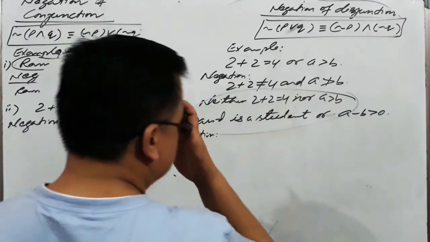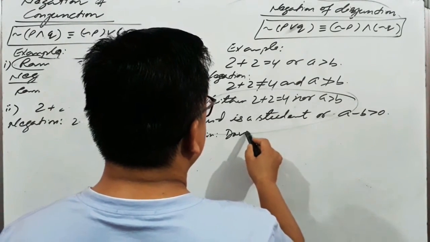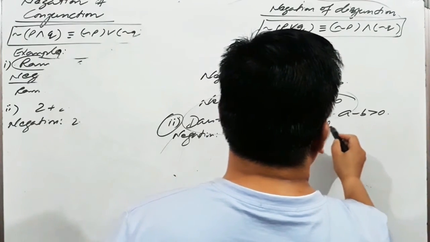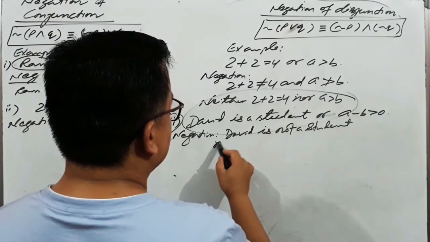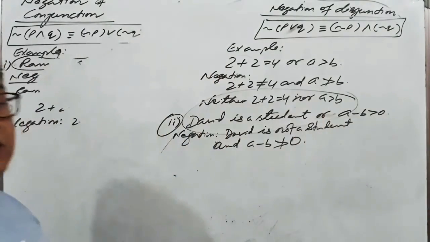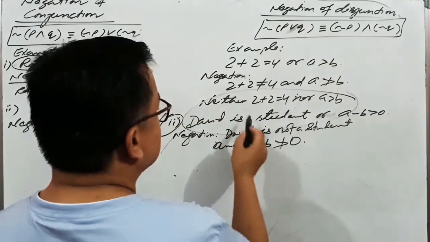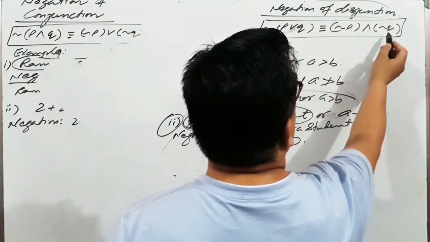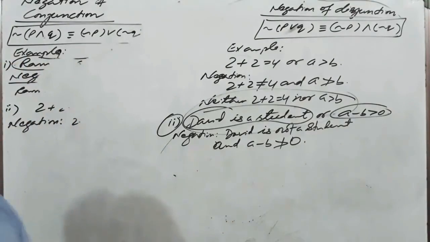David is not a student and A minus B is not greater than 0. So negation of P, and negation of Q. That will be the negation of the disjunction.